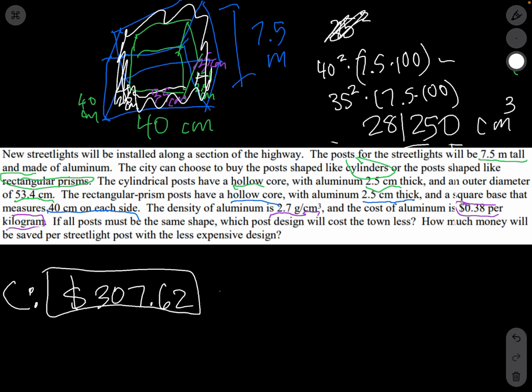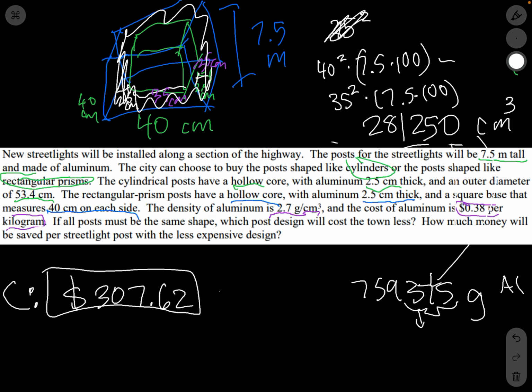Now we can find the grams by multiplying by 2.7, because that's the density of aluminum, and you get 759,375 grams of aluminum. The cost is 38 cents per kilogram, so we divide by 1,000 to get the kilograms of aluminum.